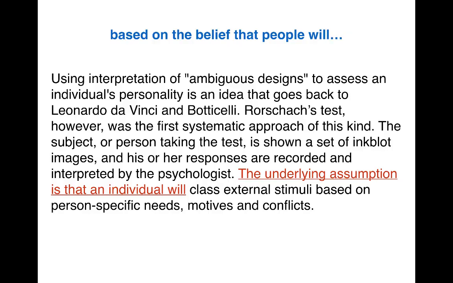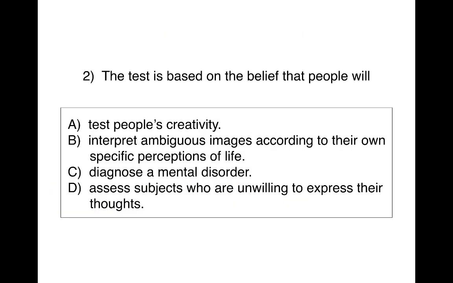What is this test based on? What belief? It's based on the underlying assumption that an individual will class external stimuli based on person-specific needs, motives and conflicts. So this part that I've highlighted in blue is where the answer is. Let's look at the sentence endings.